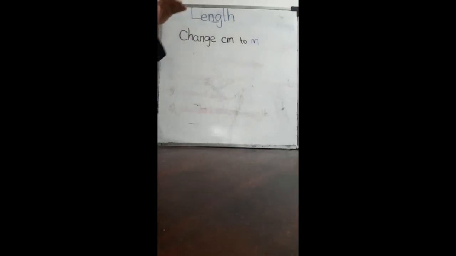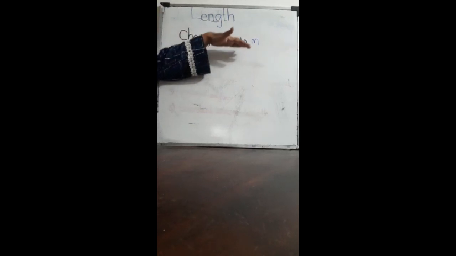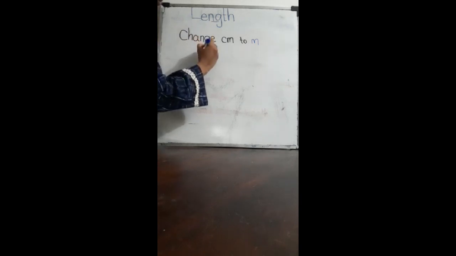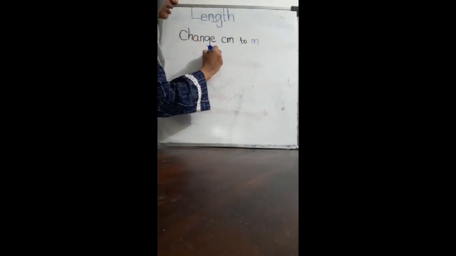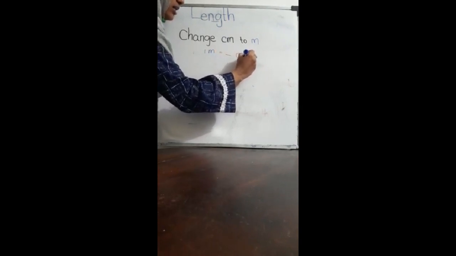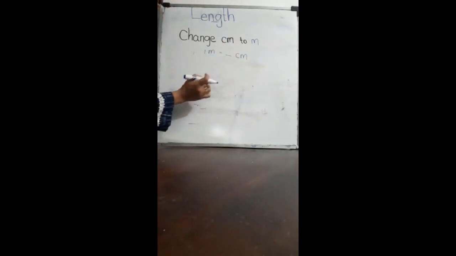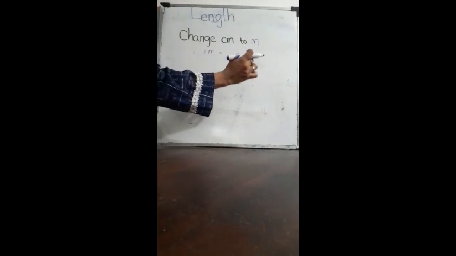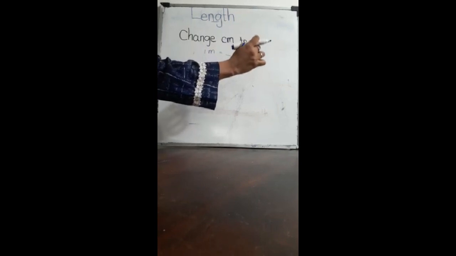Right, now let's learn how to change centimeters into meters. Okay, it's very simple and easy. I'm going to explain to you. Before that, you all know 1 meter is equal to how many centimeters? 1 centimeter, 2 centimeter, 3 centimeter, 4 centimeter and like that, 95 centimeter, 100 centimeter.